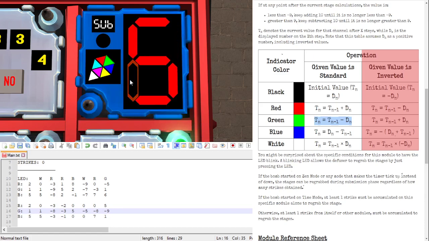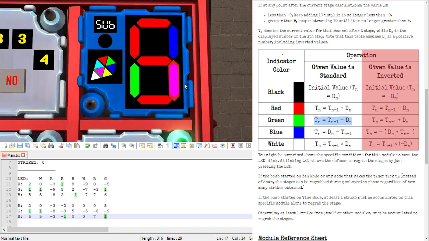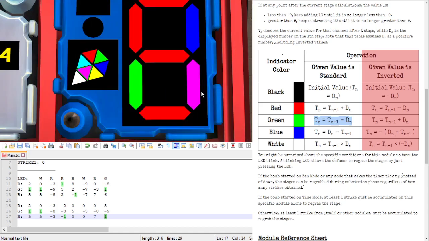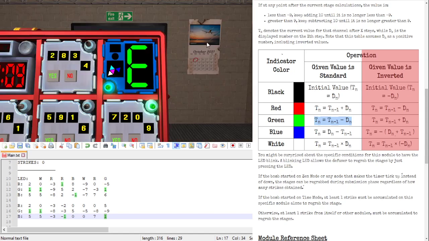Well, only this segment. So we color this green, because it was black. Therefore we add green. And for blue we want 1. So that's these 2 segments, we add blue here, and red plus blue is magenta. So this is the final state, and if we submit, it's a solve.